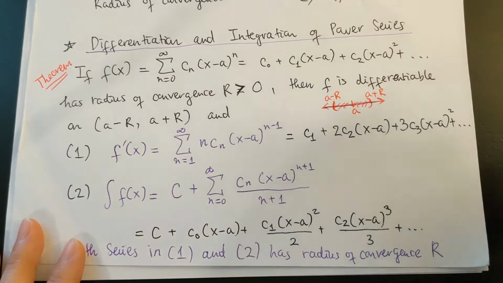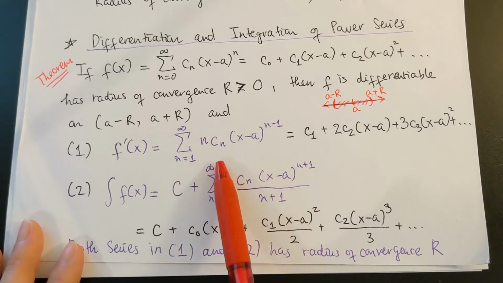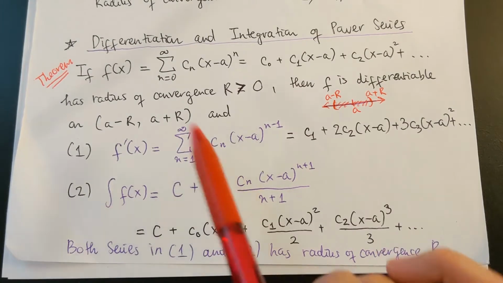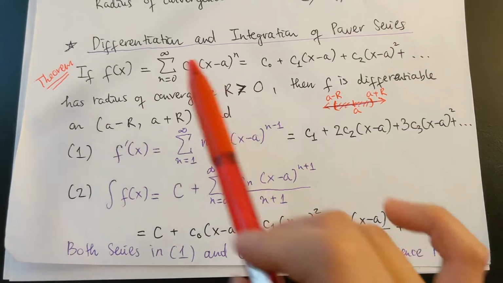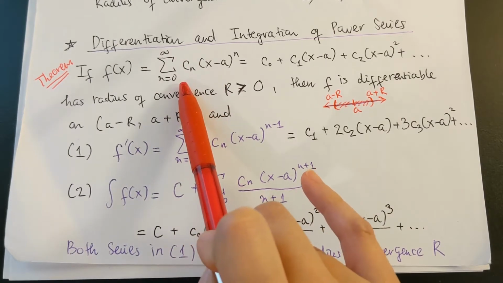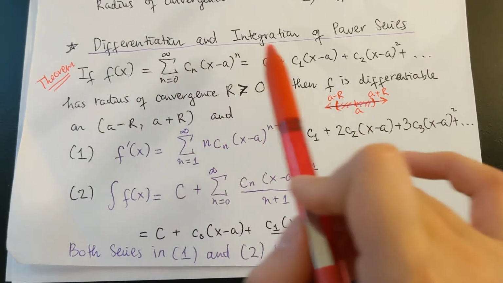This is right here. And its derivative has a power series representation. Well, how do I get the derivative function's power series representation? You just look at the power series representation of the original function, then you take the derivative term by term.